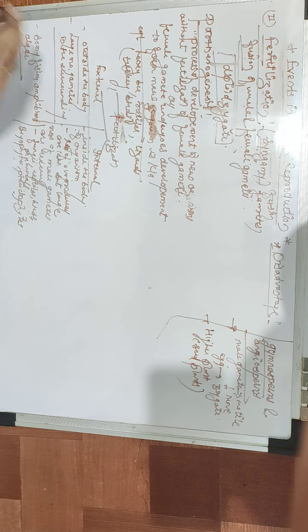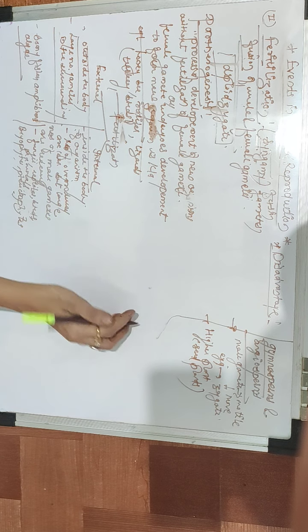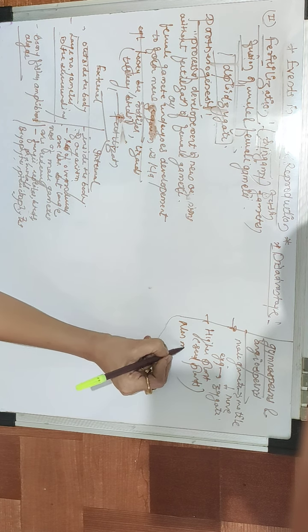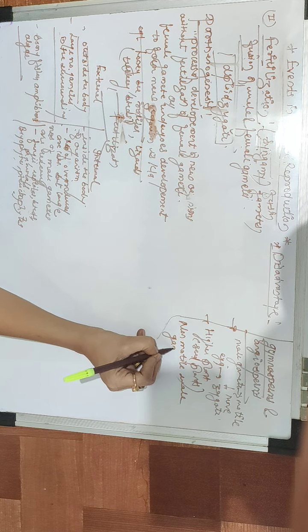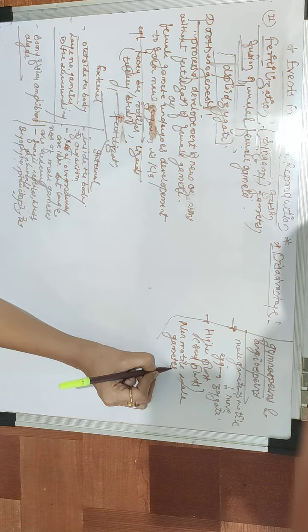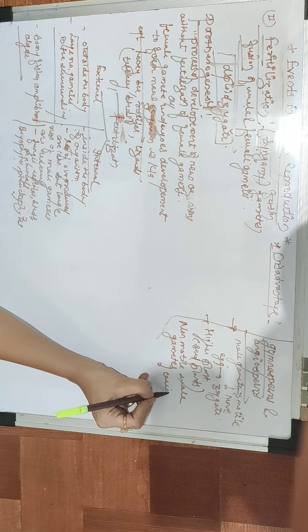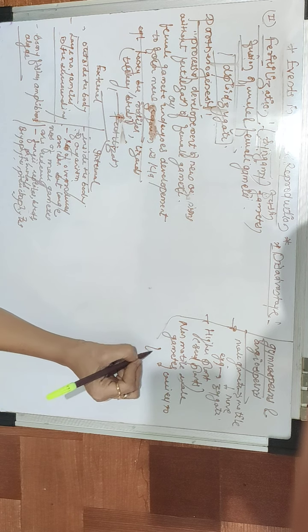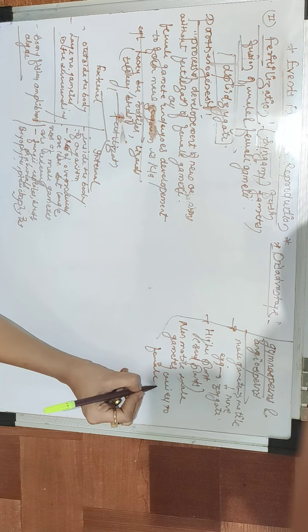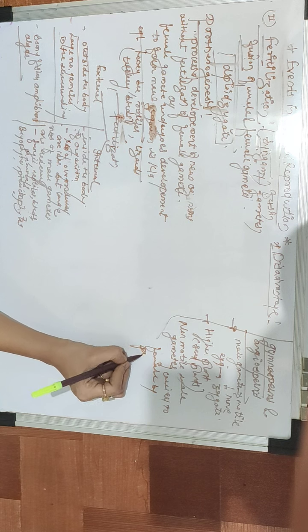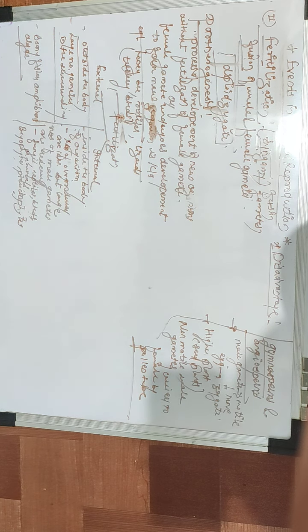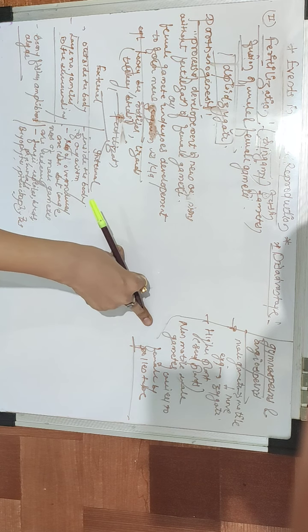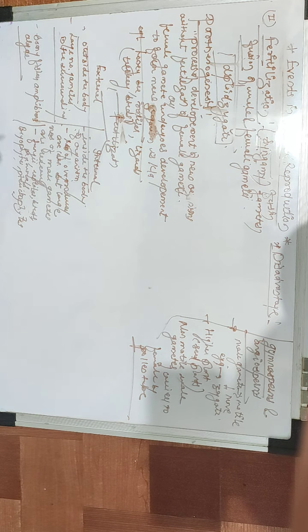Here the male gametes are non-motile. The non-motile male gametes are carried to the female by the pollen tube, and then the process of fertilization occurs. So this is all about fertilization.